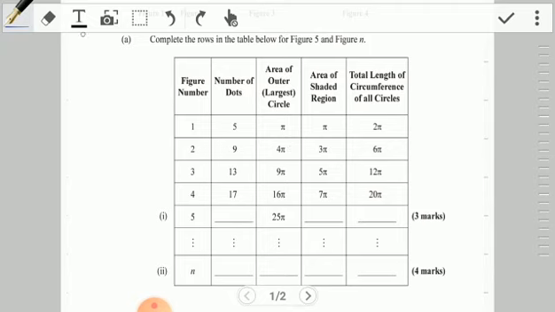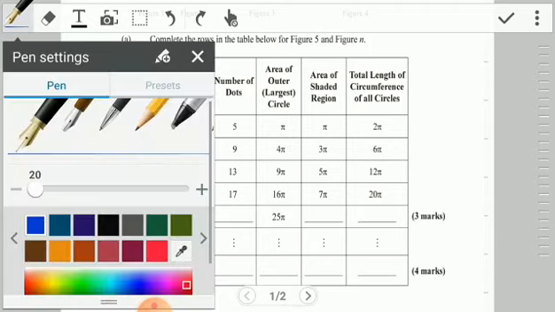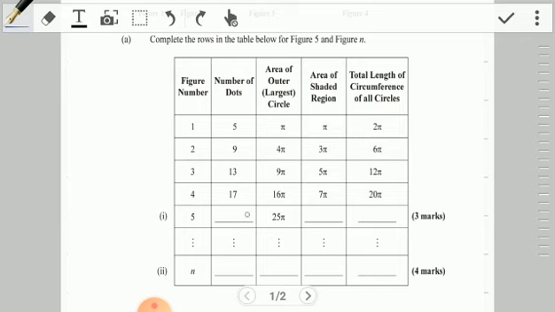One thing I could tell you is that every column is linked to the figure number column, in any question in CXC at this level. You're able to find a relationship there.